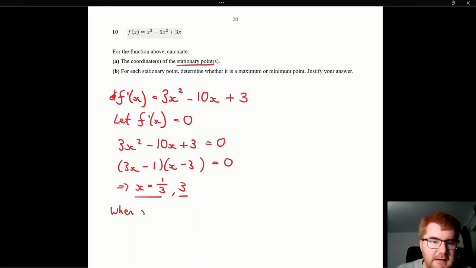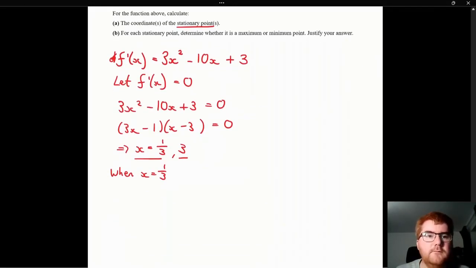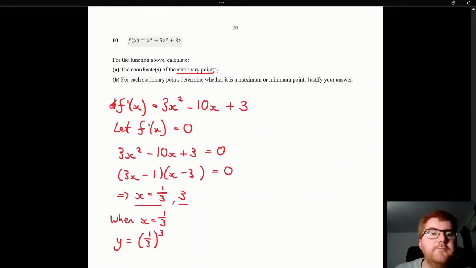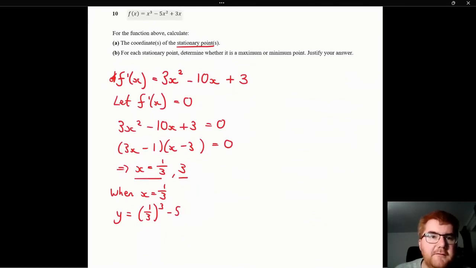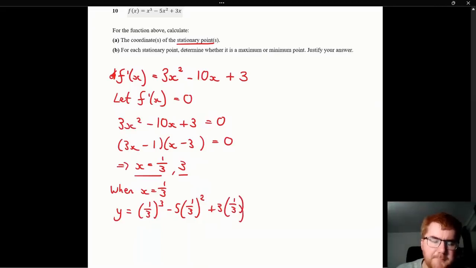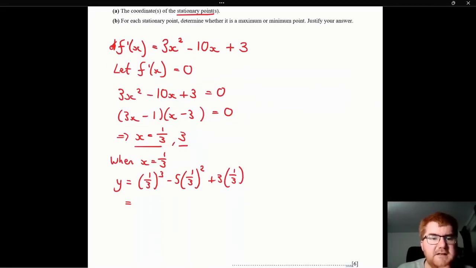So when x is a third, y is equal to 1/3 cubed minus 5 lots of 1/3 squared plus 3 lots of a third. So that's going to give us 1 over 27, 1 over 9 minus 5 over 9 plus 1.